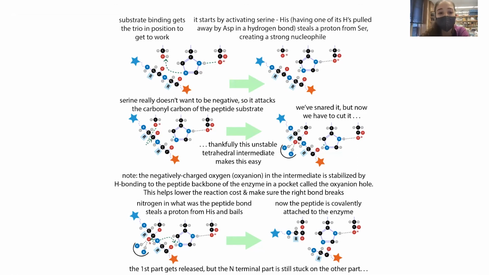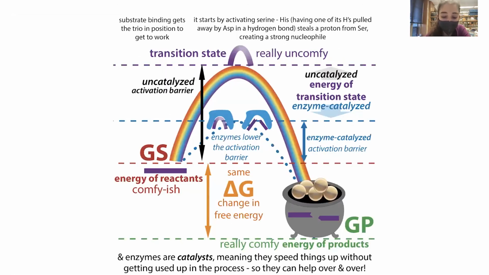And so basically what happens is that when the substrate binds, the enzyme, although we can think of it as having this defined shape, it can shape change a little. So a substrate, remember, is the thing that the enzyme is going to act on. When the substrate binds, the enzyme can shift shape a little, to better accommodate the substrate, as well as to align its active site residues to attack it.